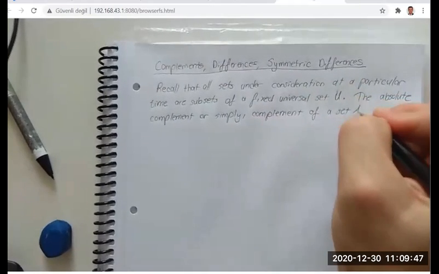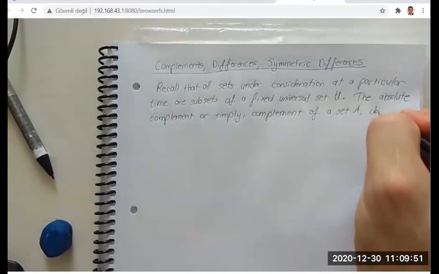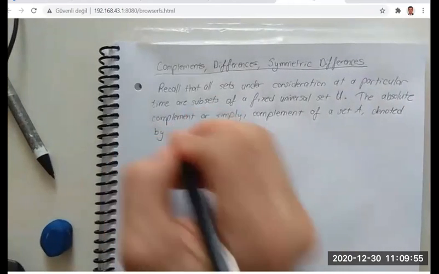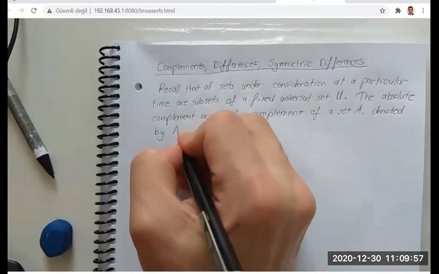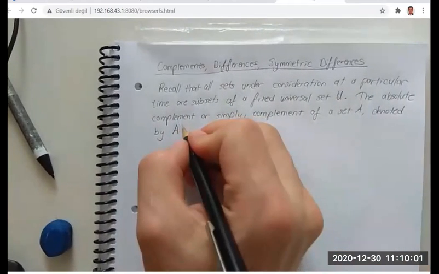Set A is denoted by A with a superscript small c.